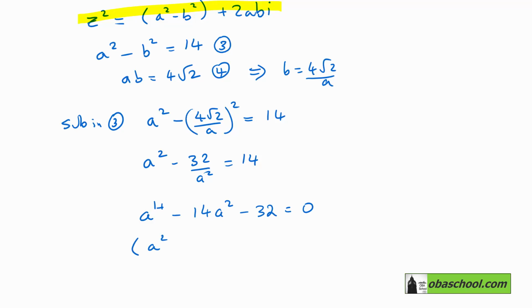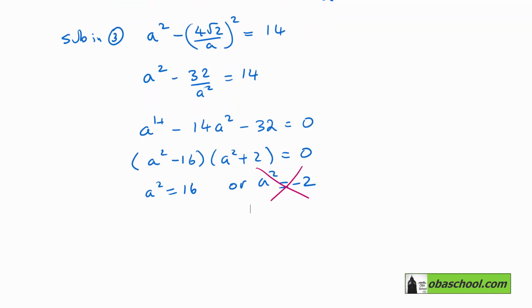So that's a squared minus 16, a squared plus 2 is equal to 0, giving us a squared is 16, or a squared is equal to negative 2. Now remember, when we do this, a is always real, so that one can't be true. So, continuing, we have that a is equal to positive or negative 4.